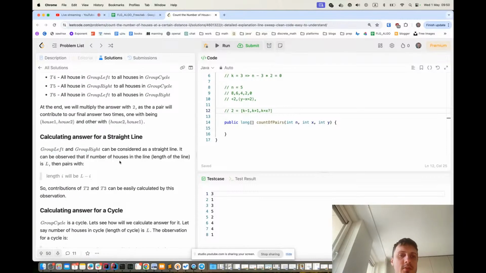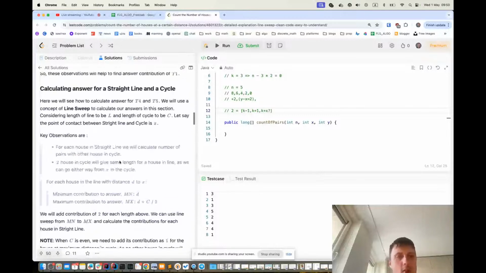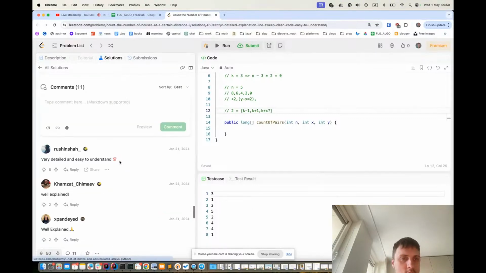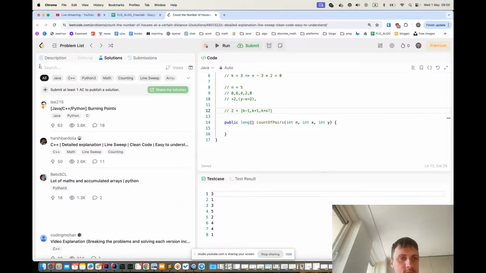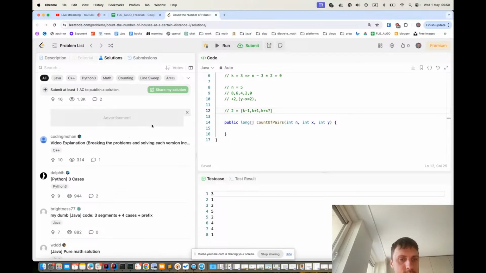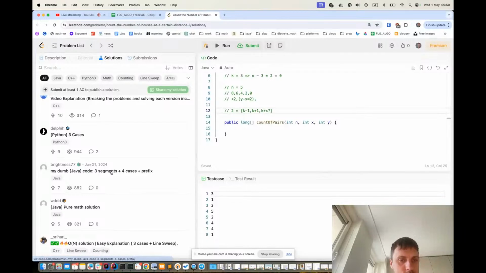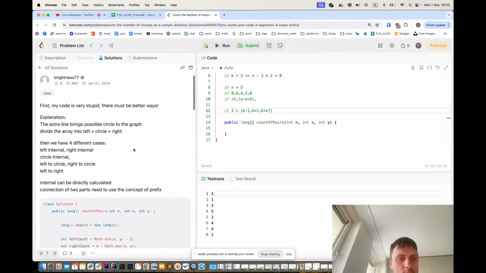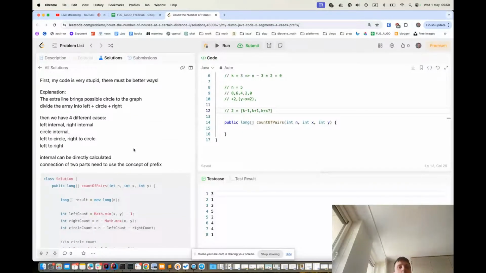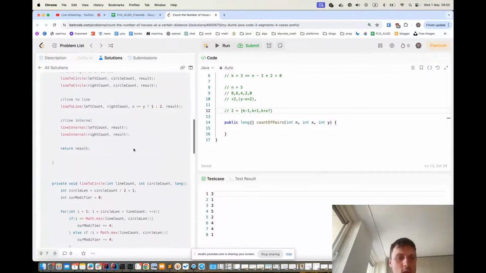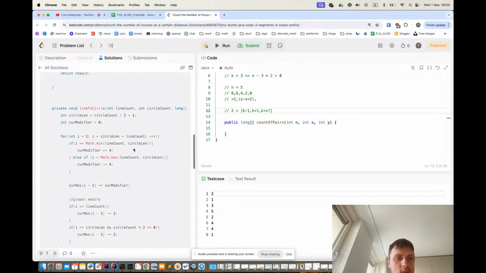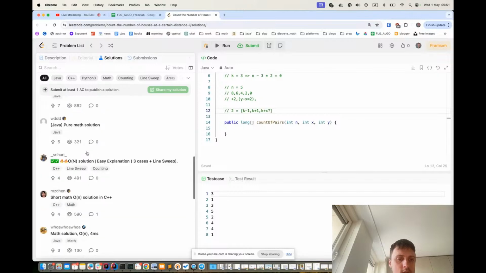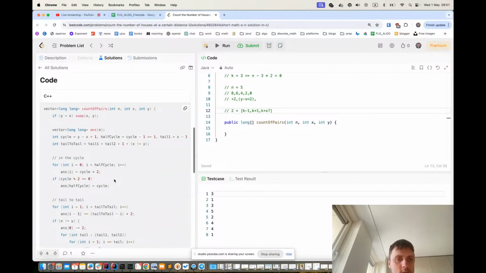Calculate the answer for straight line. Okay. In circle count. Okay.